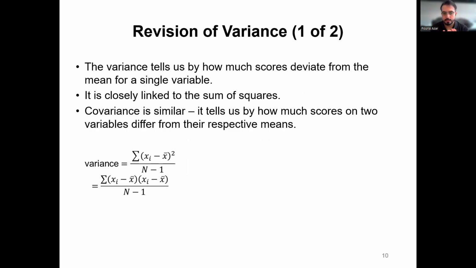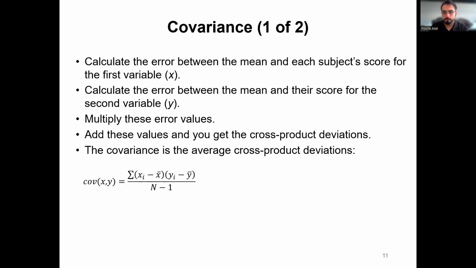In this case, we have 5 participants, so n minus 1 will be 4. 5 minus 1 is 4. This is how we can calculate variance.